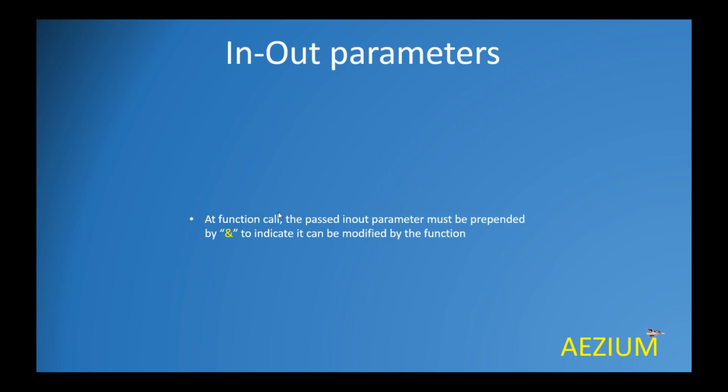At function call, to indicate that we are passing a value for an in-out parameter, we place an ampersand before the value that we are passing to the function to indicate that the function can change it.